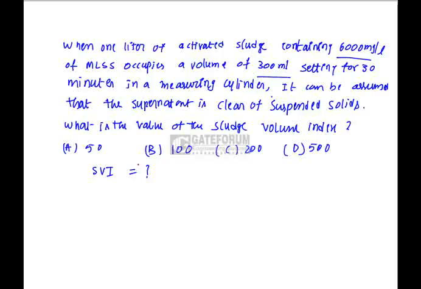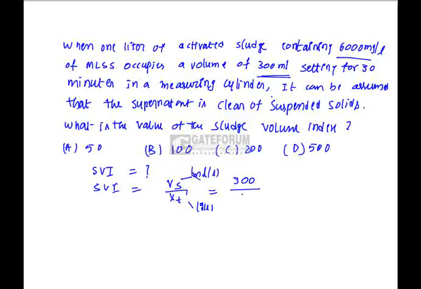So we know the sludge volume index is equal to Vs by Xt, where Vs is the volume of solids that are settling, containing 6000 milligrams of MLSS. The volume of the solids is 300 ml, and it should be in ml per liter.